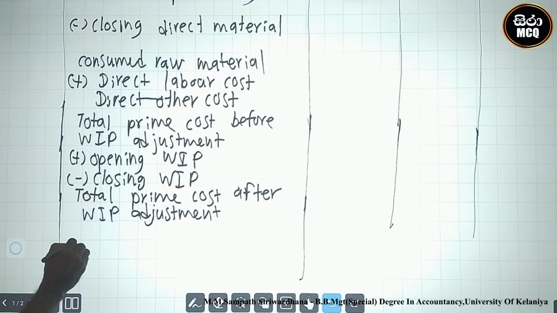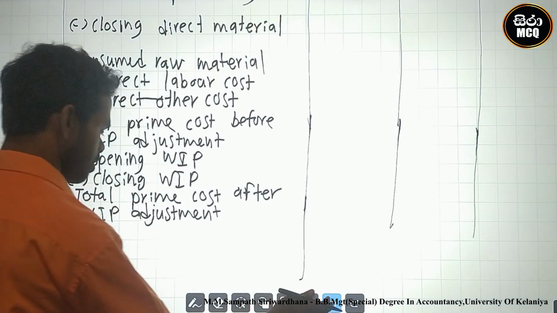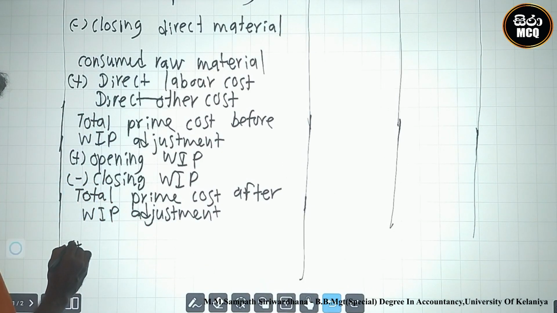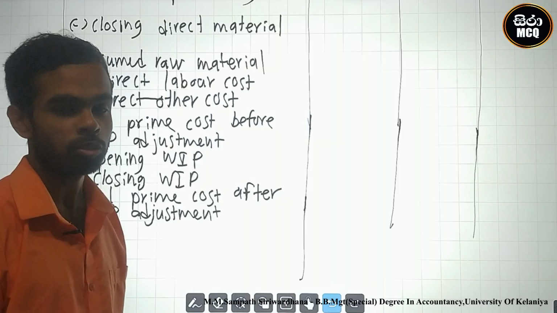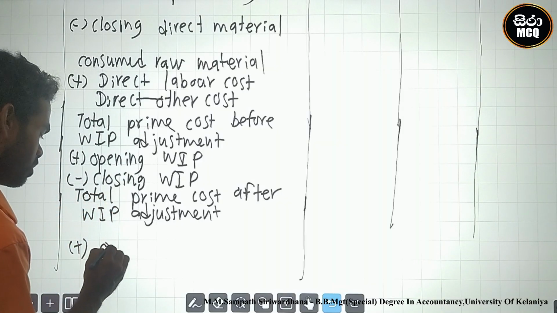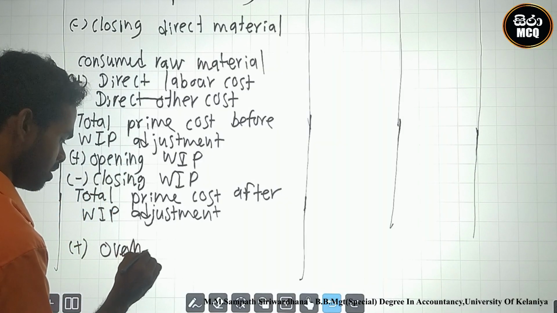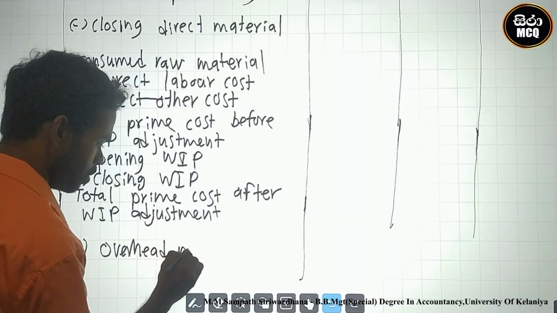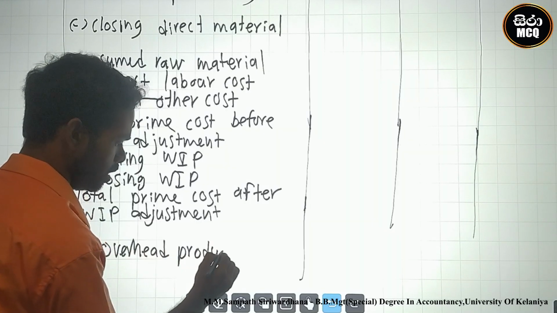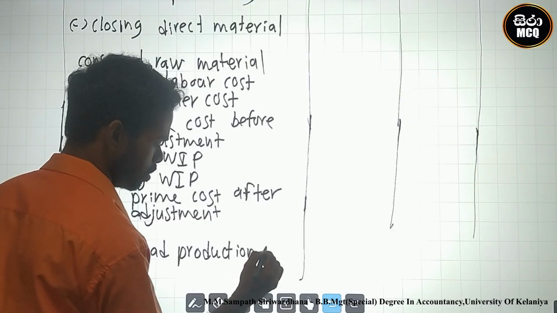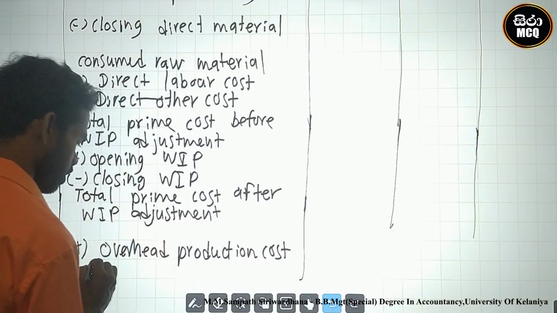After that we add what is that? We add production overhead cost.